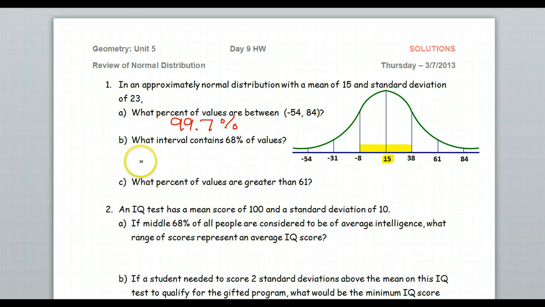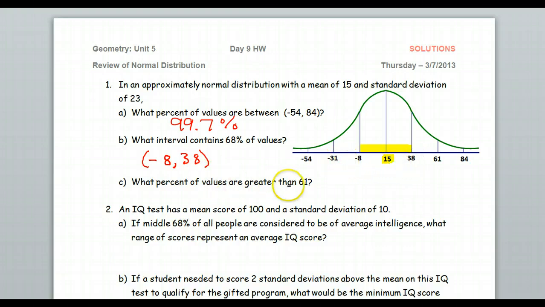We can record that interval using interval notation this way: negative 8, comma, 38. It looks just like an ordered pair, like an x comma y, but it isn't. It's all about the context. And in this context, this notation means between negative 8 and 38.